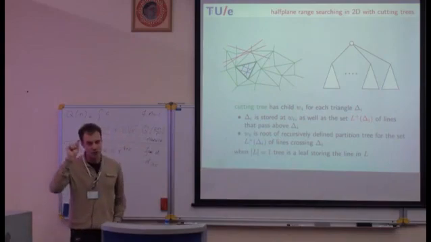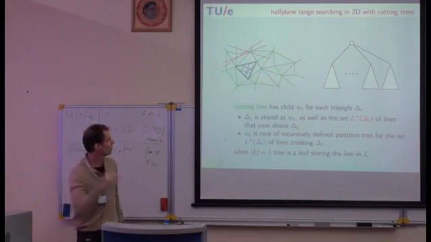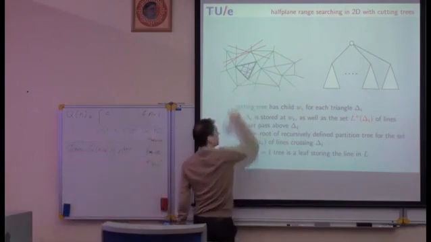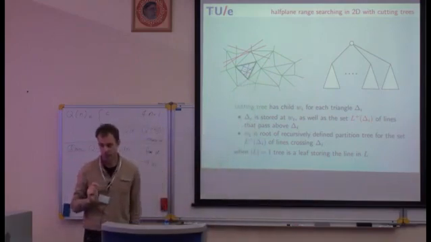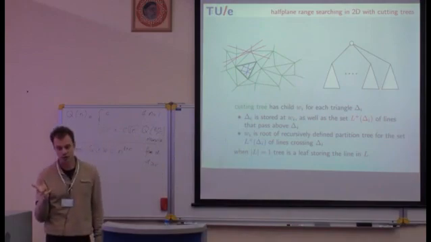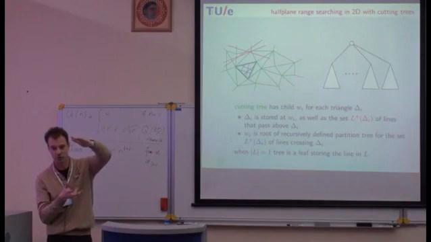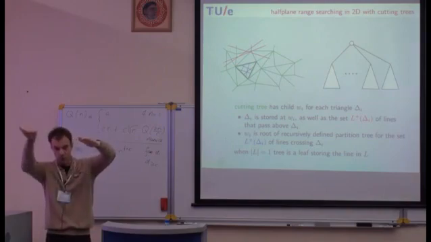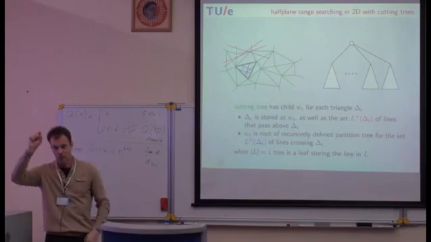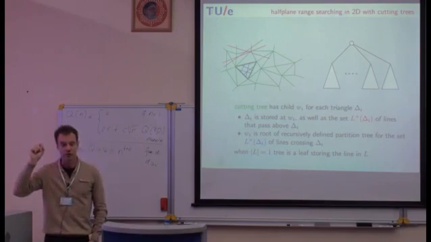Now imagine you do a query and the query point is inside this triangle. You have 3 types of lines: the ones that are above the triangle, the ones that are below the triangle, and the ones that go through the triangle. Only for the third type, you still don't know whether it's above or below.